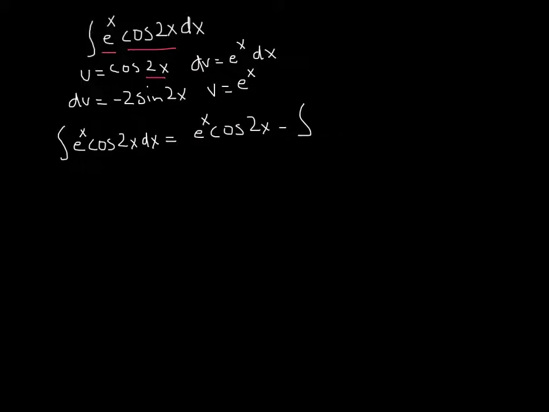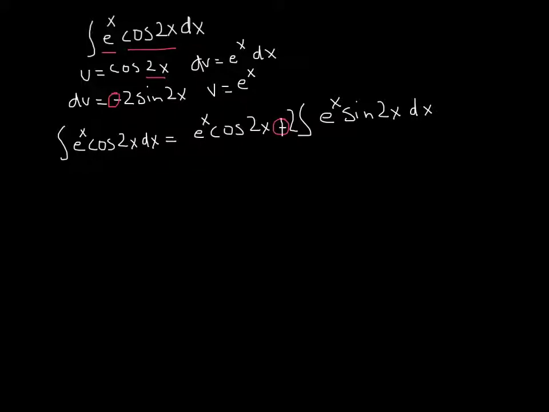And v is e to the x, and du is negative 2 sine of 2x. So actually the negative right here and the negative right there are going to cancel. So I'm just going to make this a plus, and I'm going to put the 2 outside the integral, and I'm going to have e to the x sine of 2x dx.